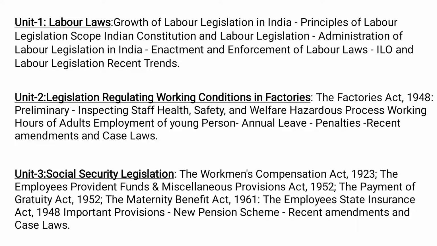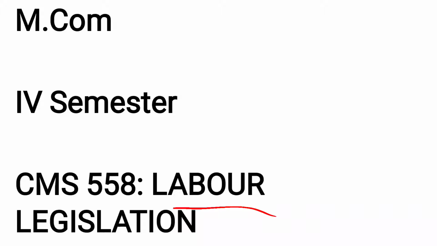Labor legislation means what? Labor legislation is the laws, rules and regulations which set employment standards and govern the relationship between capital and labor. That means it is the laws of the government to provide social and economic security to the workers. That is labor legislation.